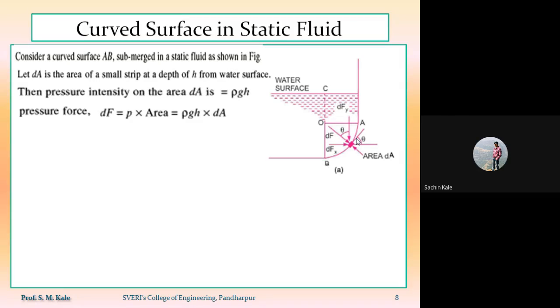Up till now, in the case of vertical plane surface, horizontal plane surface, and inclined plane surface, we have followed the same method. There also we calculated the force acting on a single elemental strip, and after that we calculated the force acting on the entire surface. To calculate the force acting on the entire surface, we took the integration of the force acting on a single elemental area, with limits from the start to the end of that entire body.